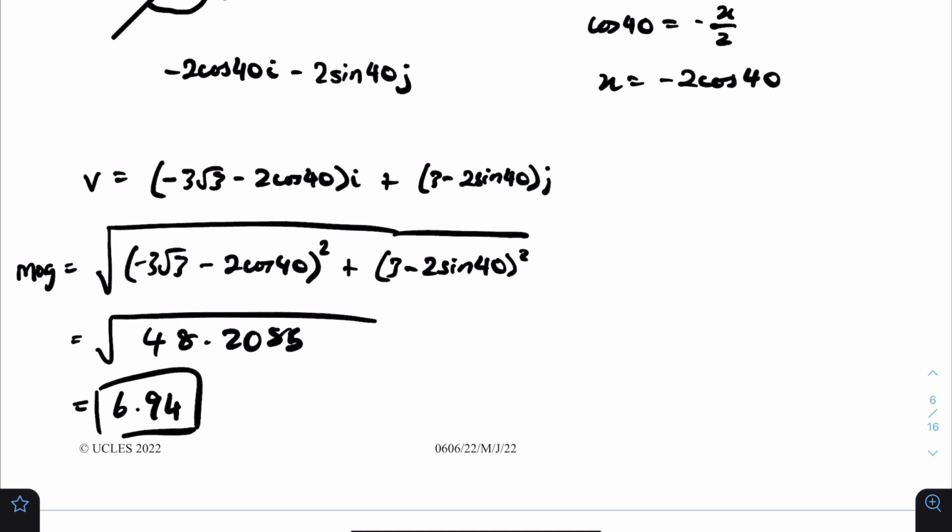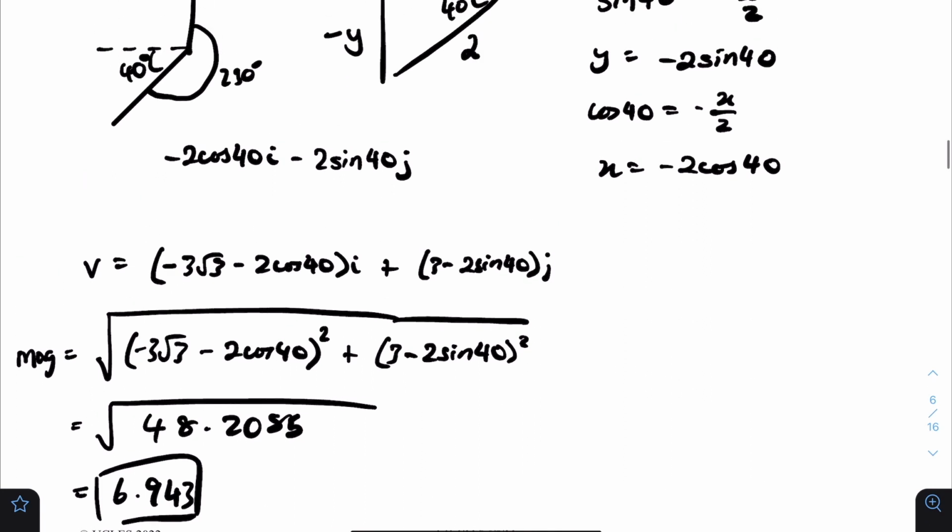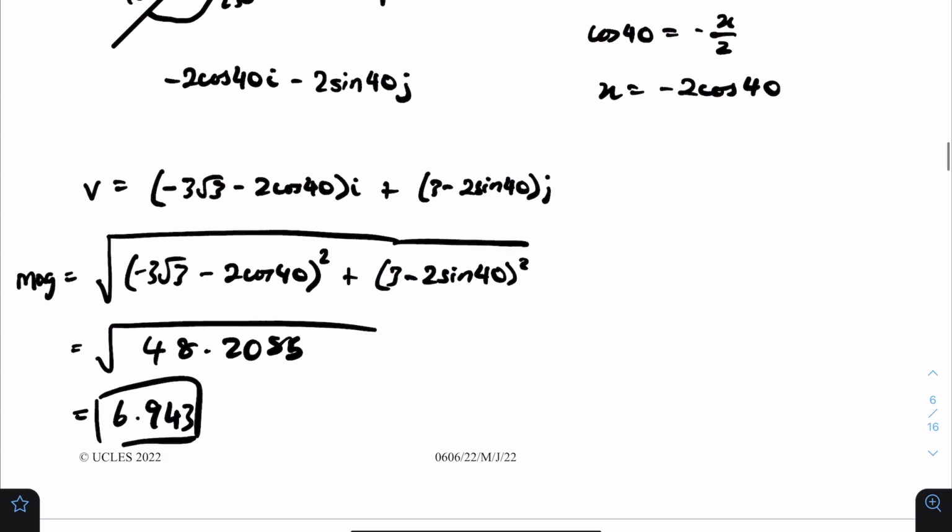Now what we need to do is figure out what the angle is. So we are given the magnitude, but we need to know now what the angle is. So what we can do is, it's actually 6.943. What we can do is try and sketch kind of generally what we've got going.